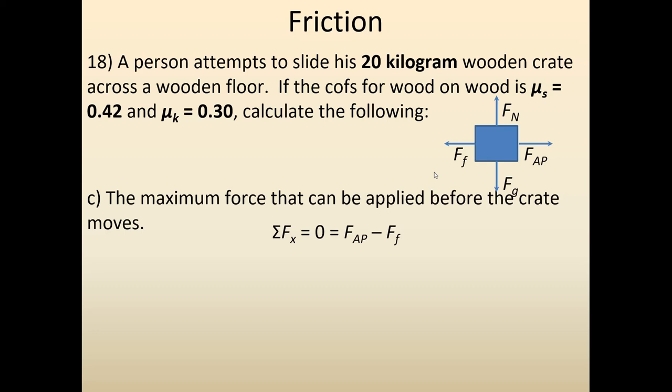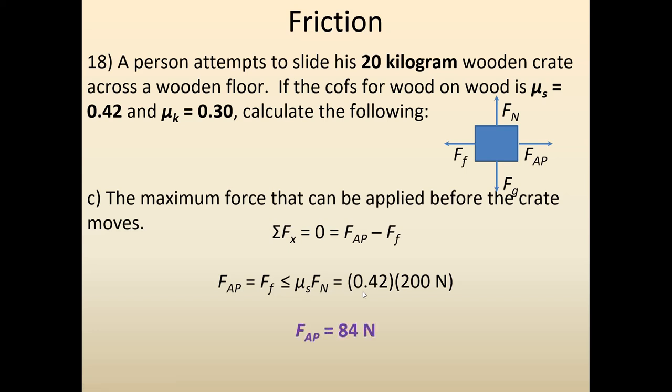So I can say Fap minus the frictional force is equal to 0. That means that the applied force is going to be equal to the maximum value that friction can be. Since I'm looking for the maximum force that could be applied, that's going to be equal to the maximum friction that could be applied. So I plug in less than or equal to, since friction can be less than or equal to, mu s times Fn, plug my numbers in for the static coefficient, and I'm getting 84 newtons.